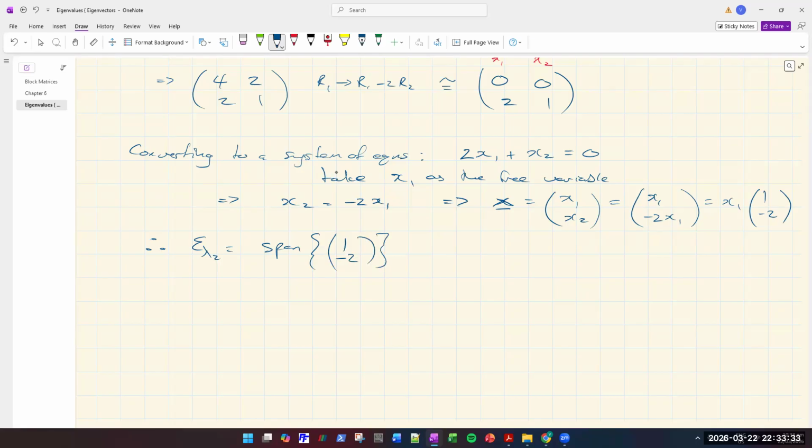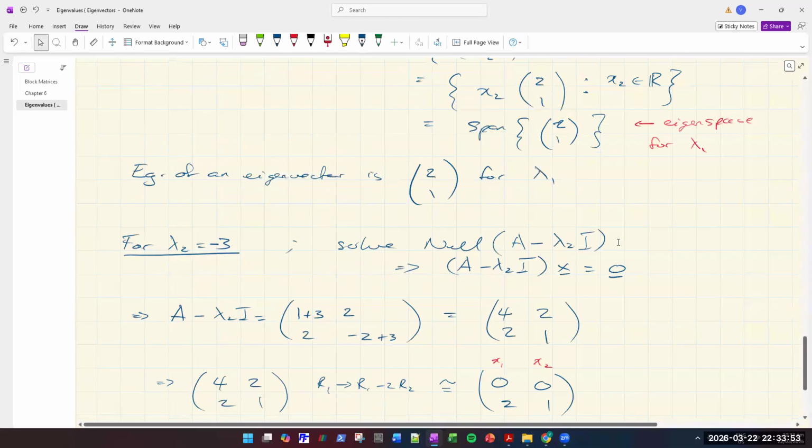Right? And an example of an eigenvector is 1, minus 2.